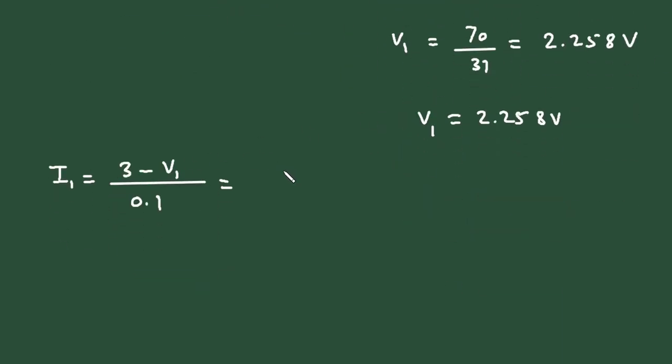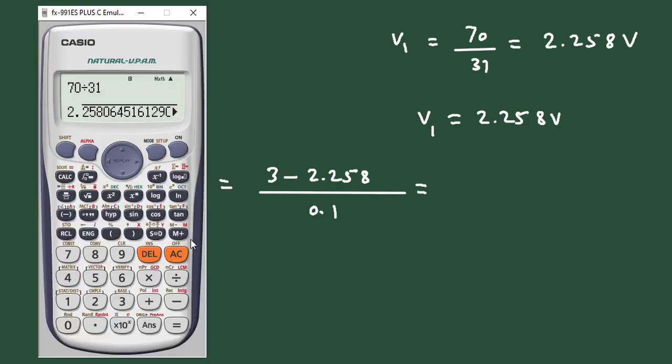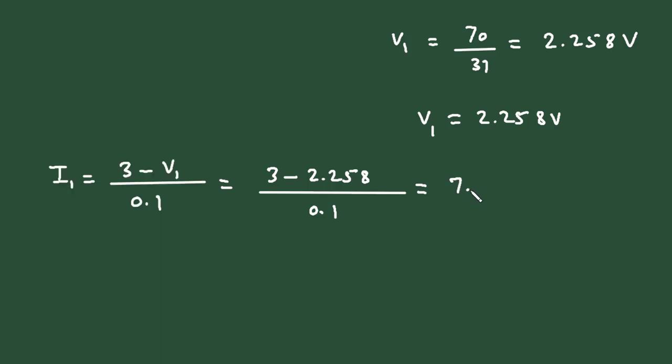The value of V1 is again 3 minus 2.258 divided by 0.1. So this will be 3 minus 2.258 divided by 0.1. So it is 7.42. 7.42 ampere is the value of current I1.